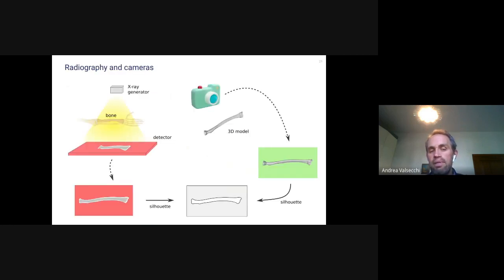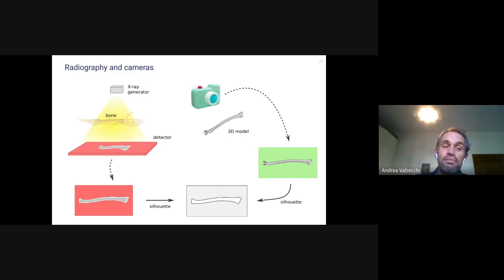Now, the important thing here is that despite you cannot really see inside an object with a camera, if you just look at the shape that you can see in a radiograph, they are not that different from what you can get from a camera. Let me explain.